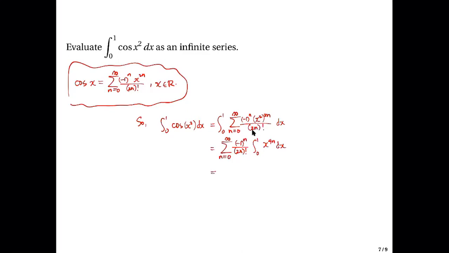So this is the sum from n equals 0 to plus infinity of negative 1 to the n over 2n factorial. We integrate this: x raised to 4n plus 1 over 4n plus 1.